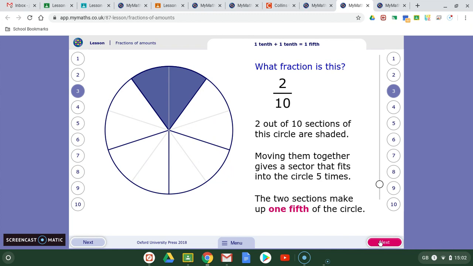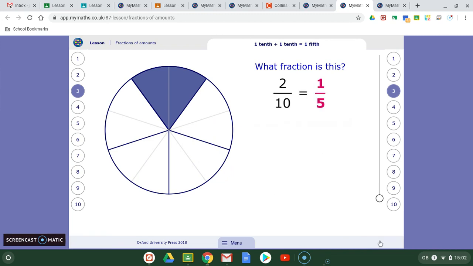But what we can see is that if we simplified that fraction, it would be equal to 1/5 shaded. So 2/10 is equal to 1/5, and you shouldn't put 2/10. You should simplify your fraction as much as possible, so the correct answer would actually be 1/5. If you didn't simplify your answer, then it wouldn't be correct, so you've got to be careful like that.